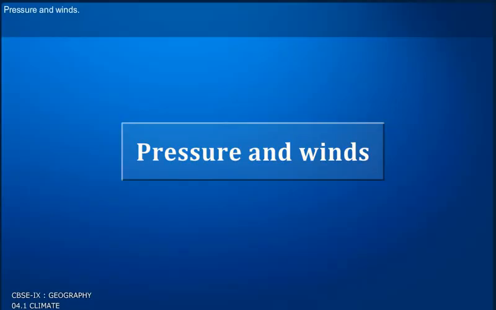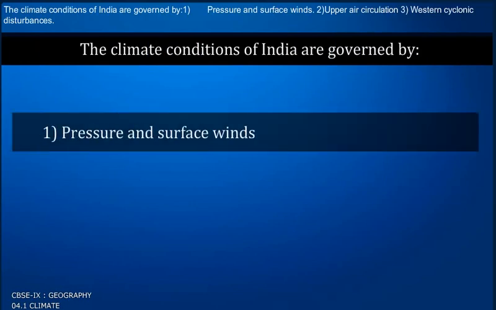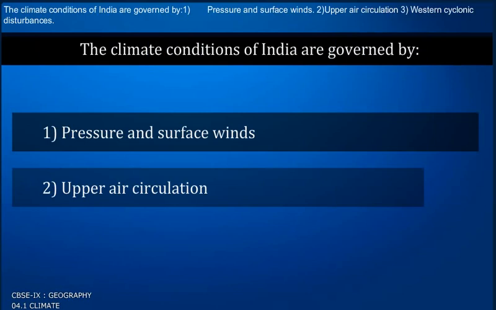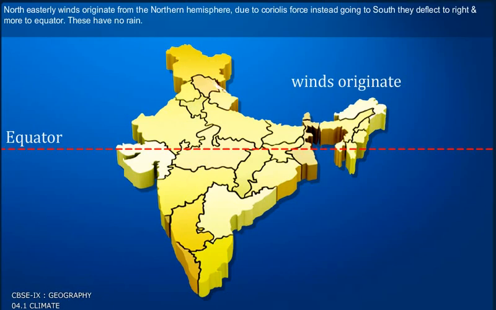Pressure and winds. The climate conditions of India are governed by pressure and surface winds, upper air circulation, and western cyclonic disturbances. Northeasterly winds originate from the northern hemisphere. Due to Coriolis force, instead of going to the south, they deflect to the right and move to the equator. These have no rain.